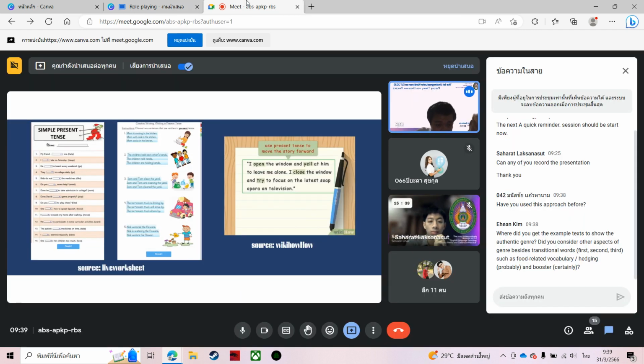Did you consider other aspects of the genre besides transition words? I think no, because it's too hard for them, like the low proficiency. I think the basic transition words.